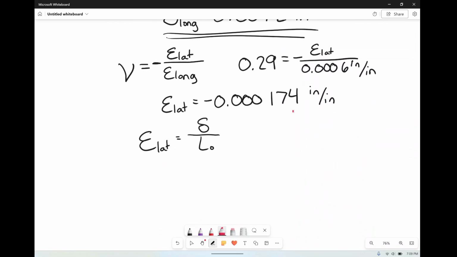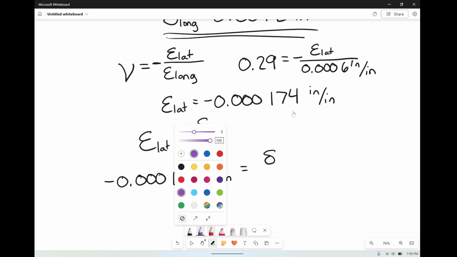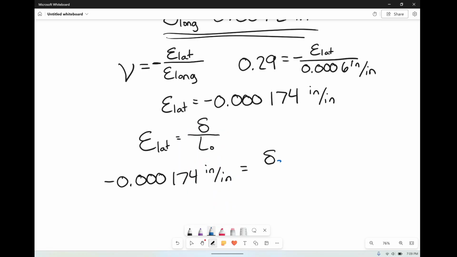So again, we have that our latitudinal strain, we said negative 0.000174 inches per inch, is equal to the deformation in the, we'll start off with the 2-inch direction here. So the deformation in the 2-inch direction over the original length, which is 2 inches, who would have guessed?